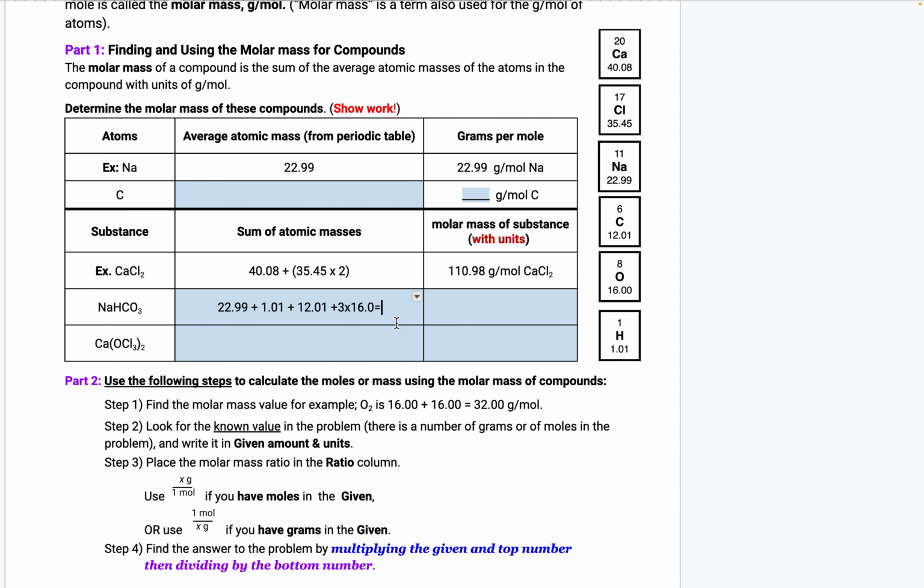It's 84.01. Okay, so over here we'd do 84.01. I multiplied 3 times 16 in my head because I didn't want to get the wrong answer. And here I'm going to finish doing the complete answer by writing grams per mole and the substance.